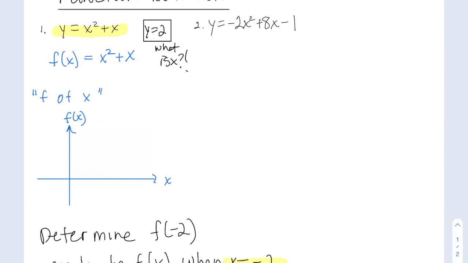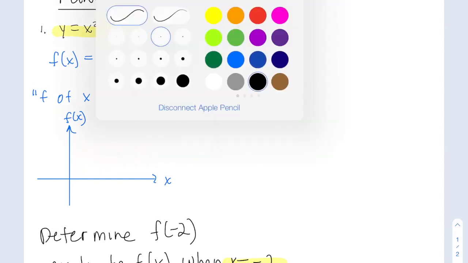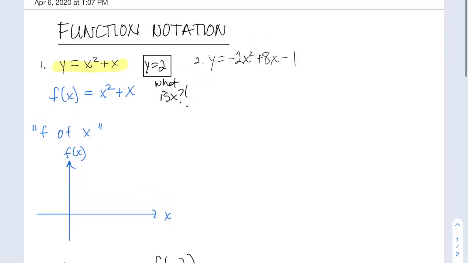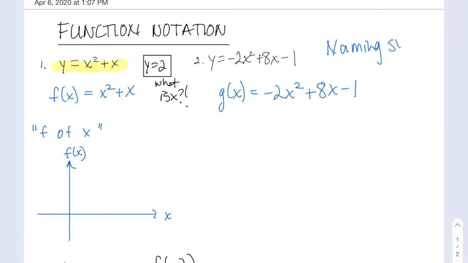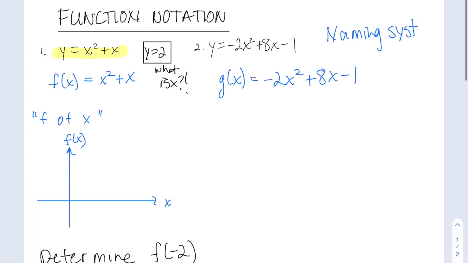Another thing is that if I look at number 2 now, I could maybe call this one g of x equals -2x squared plus 8x minus 1. Another way to think of this is that it's just a naming system. Now let's say I want to graph these two things.